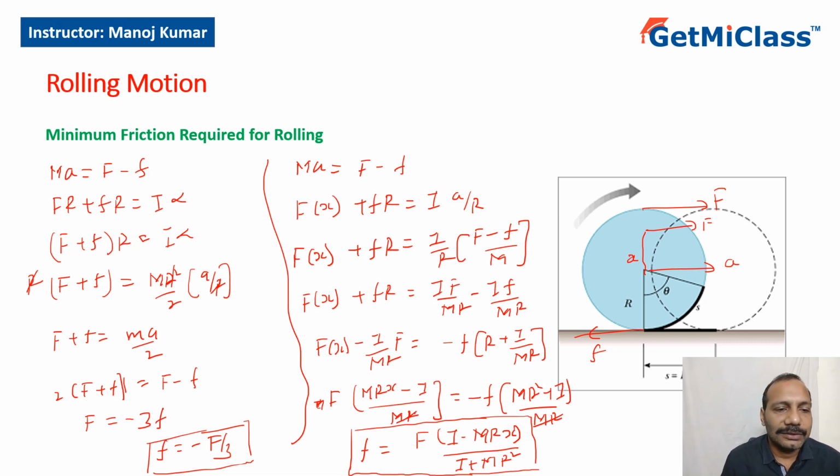Put f equal to 0, then you will get I minus MRx equal to 0, or x would be I by MR. So at x equal to I by MR, the body can rotate without friction also. Hope you could follow this. So this is the minimum friction required for a body rolling on horizontal ground.